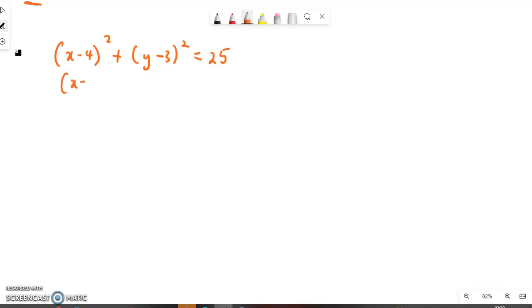So our standard equation is (x minus a) all squared plus (y minus b) all squared is equal to r squared. So therefore this would give us our center for the circle.